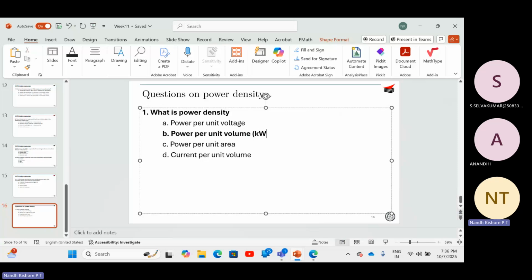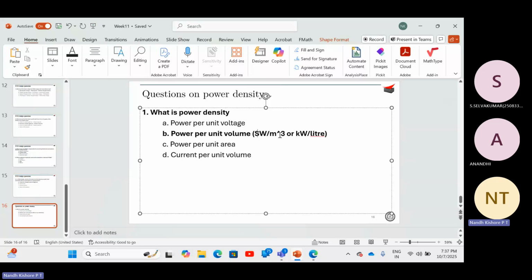The unit, in SI units, is watt per meter cube, or people also write it as kilowatt per liter. This is a very famous notation for power converters.